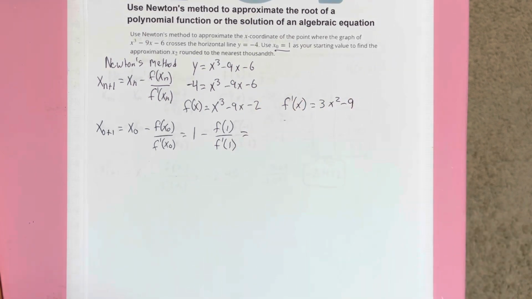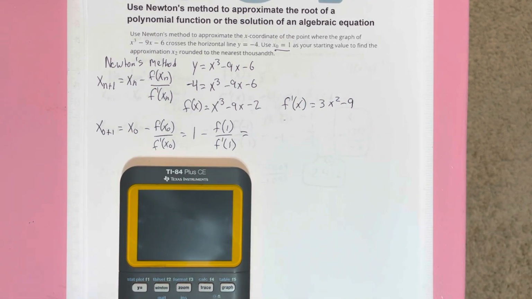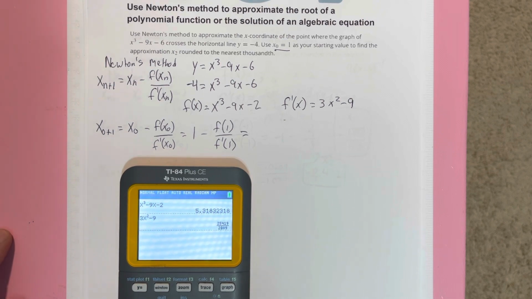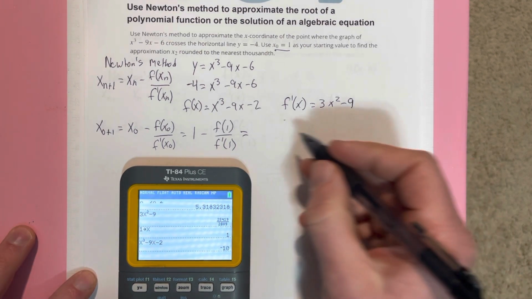And then I'm going to start plugging stuff into the calculator. So, put in both equations to start. X cubed minus 9x minus 2. Then we're going to do 3x squared minus 9. And then we're going to do 1 stored as x. And I'm going to grab those equations. I got -10 for the first one.